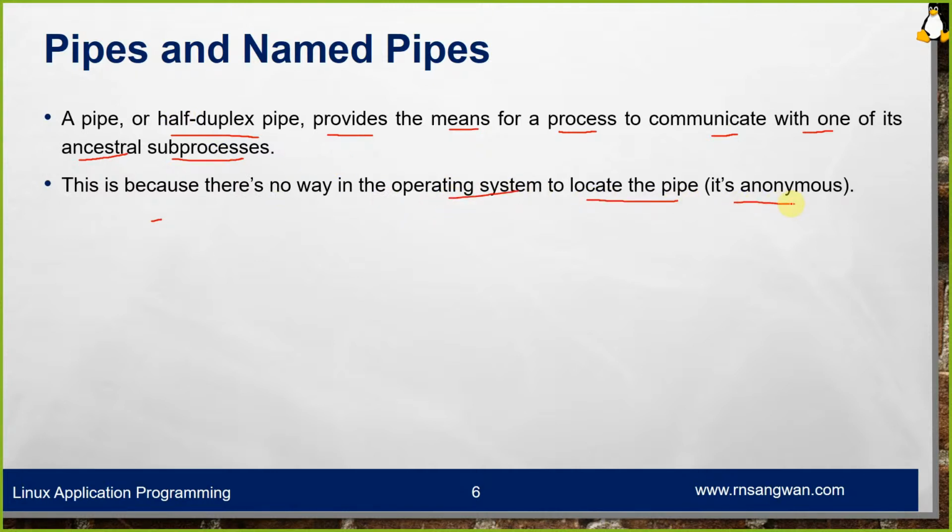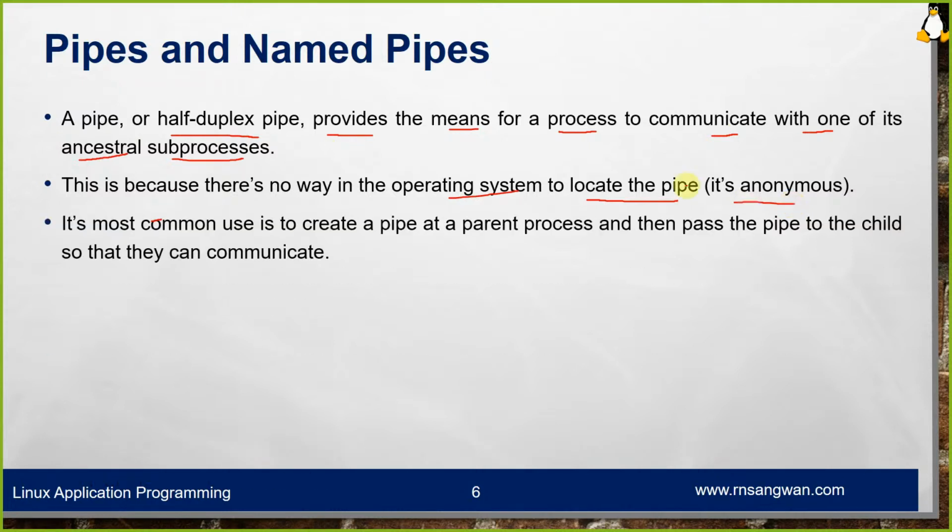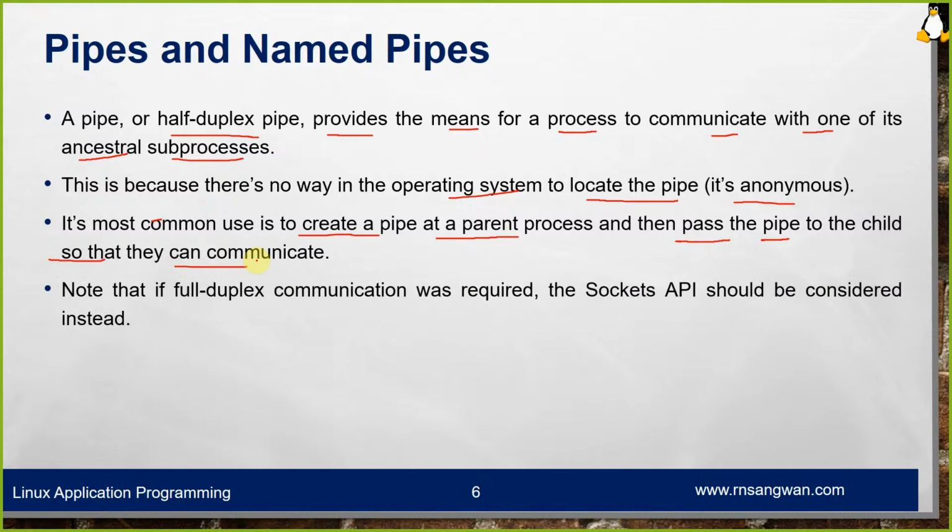We call this an anonymous pipe. The most common use is to create a pipe in a parent process and then pass the pipe to the child process so that they can communicate, passing information from parent to child process.